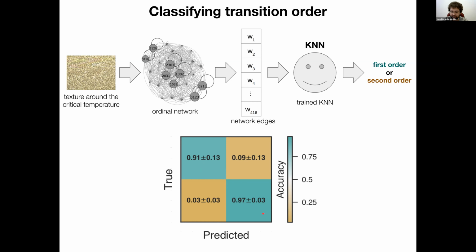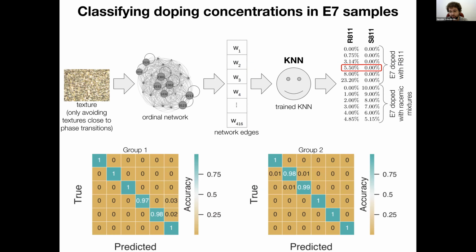We have here the confusion matrix of this classification task for predicting if a texture is of a first order transition or a second order transition. As you can see, the diagonal elements are close to 1, indicating that we almost always make the correct prediction for the texture.